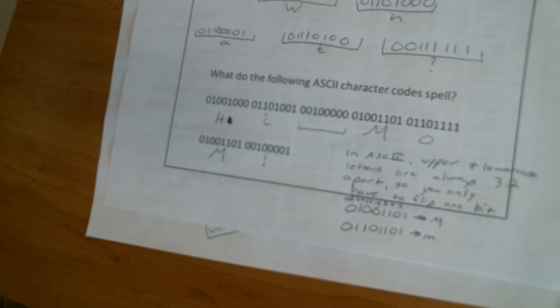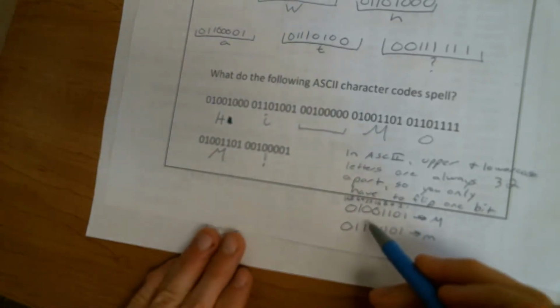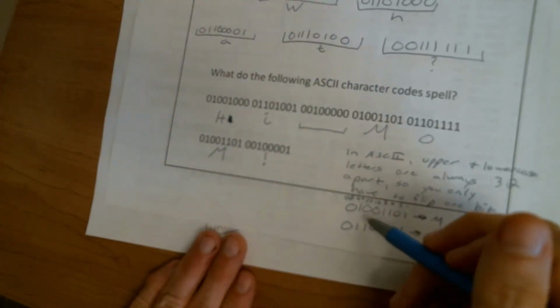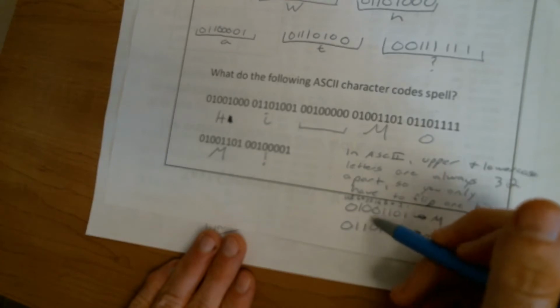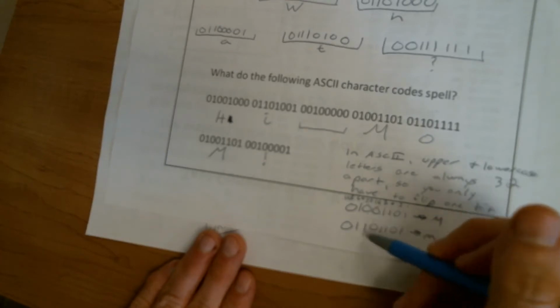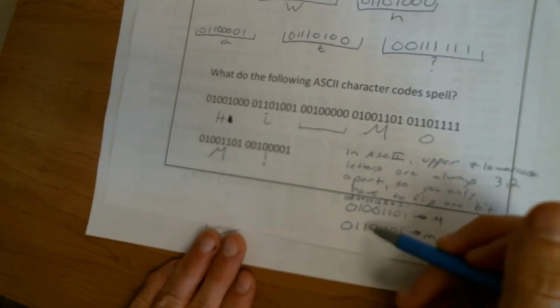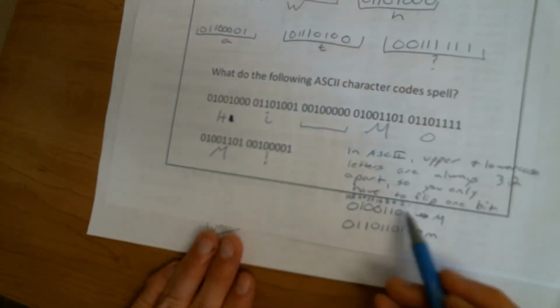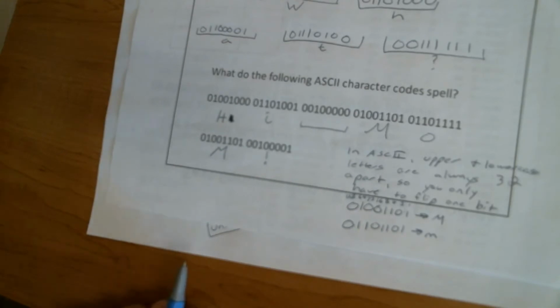And then when we set it up, we said, let's be smart about this and make it very easy to go back and forth between upper and lower cases. And all you have to do is flip that single bit back or forth, and you can go from upper to lower or lower to upper just by setting it to 0 for the uppercase and setting it to 1 for the lowercase. So anyways, I think that's kind of neat.